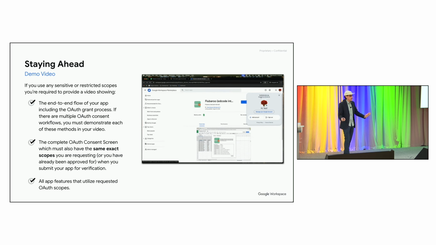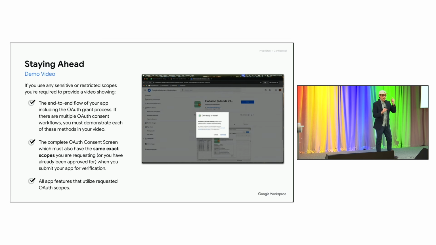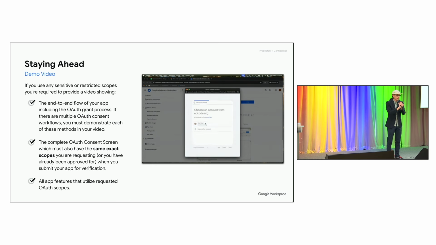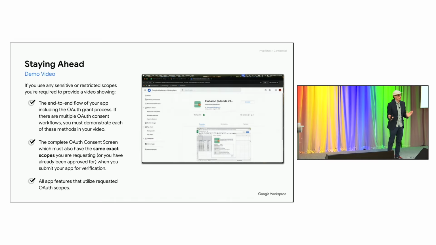Okay, a good demo video, which is also a thing that you're going to have to do, has a handful of components in it which you're going to want. And I see this get missed a lot. It needs to show at the top the whole sign-in flow for the OAuth grant process for an end user. So you need to show what it looks like for someone who's never used it before to click the buttons and sign in and say, I give it these permissions, and I'm signed into the app.